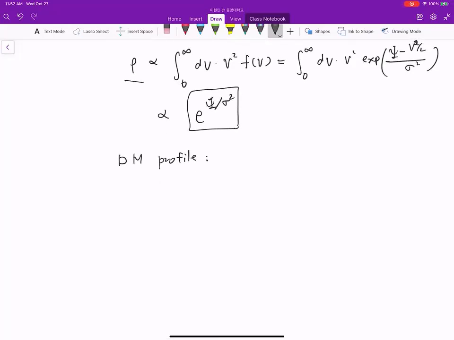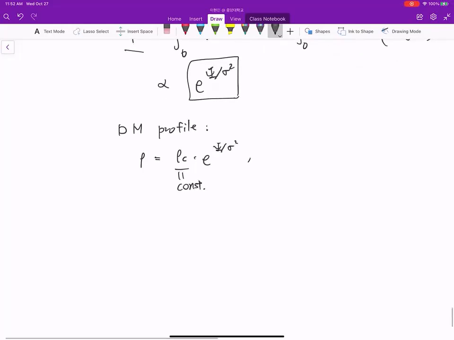So let me call it, there's a proportionality constant for the density, rho c, which is a constant. And here the psi is a gravitational potential, and that satisfies this Poisson equation.